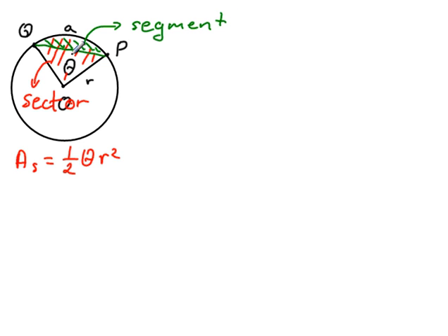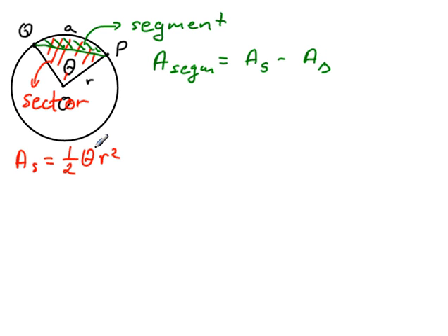So to find the area of that segment, we need to cut out from the entire sector triangle OPQ. So the area of the segment is found as the difference between the area of the sector minus the area of the triangle.